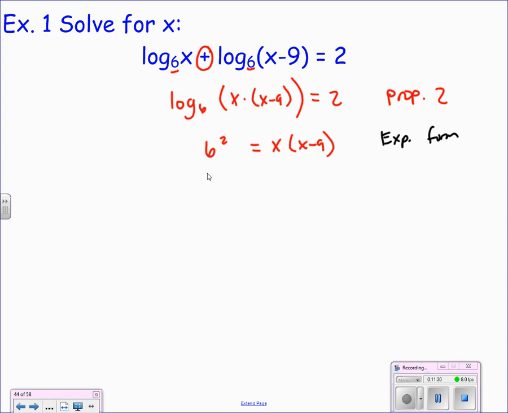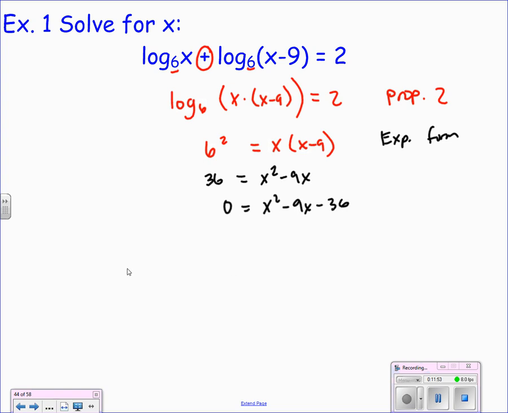Which means 6 squared is 36, and then x times x minus 9 is x squared minus 9x. So again, we have a quadratic situation. So we subtract 36 to give us 0 is equal to x squared minus 9x minus 36.